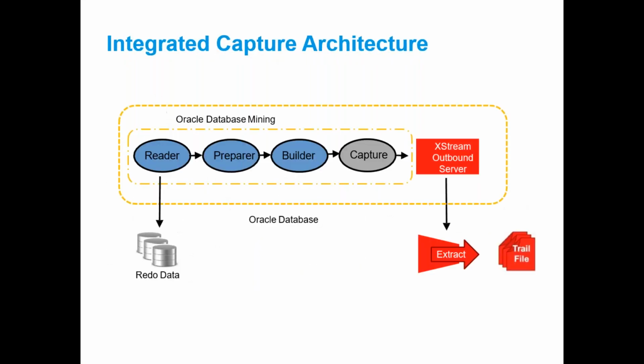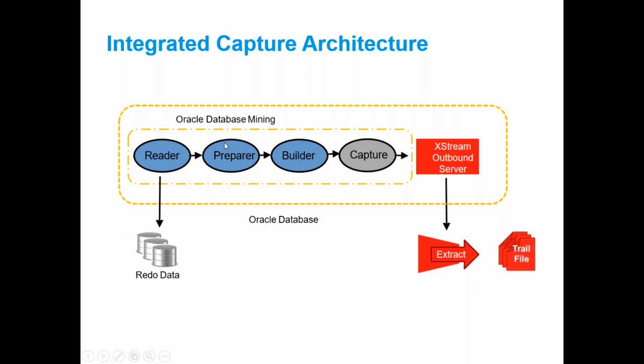Another thing is, the architecture of integrated capture looks like this. Whenever you configure any integrated capture, there are 4 processes which are created at the database level: first a reader, then preparer, builder, and capture. Internally all these run, which makes integrated capture much faster.